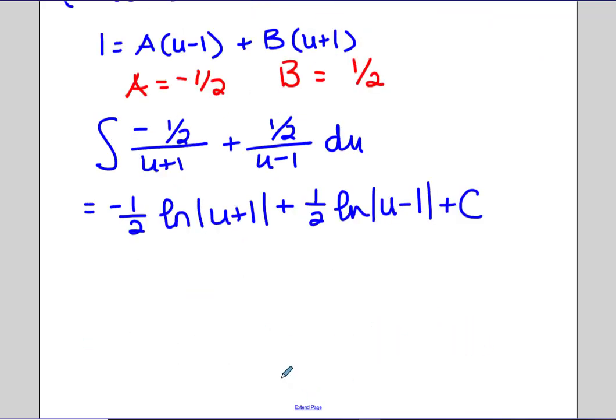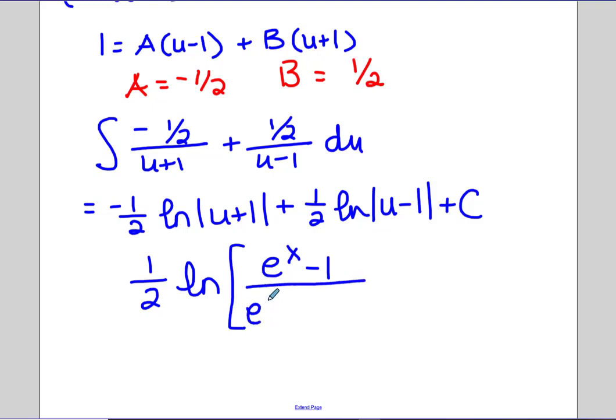plus our constant. Our u value was e to the x, so I'm going to take out the 1/2 natural log, and that would be e to the x minus 1 for this numerator divided by e to the x plus 1.